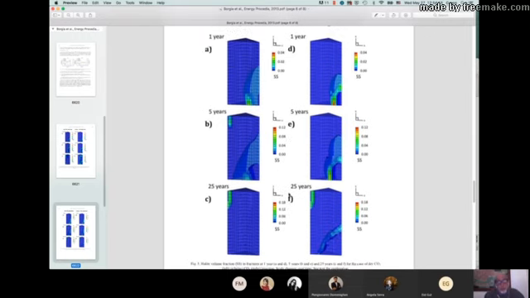Okay, now here you have the solid saturation. Solid saturation means how much salt is actually clogging up your fractures. And again, on the left-hand side is if you inject CO2. On the right-hand side is if you inject CO2 plus brine.